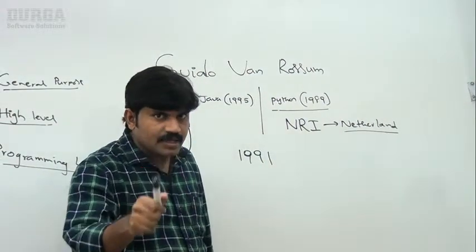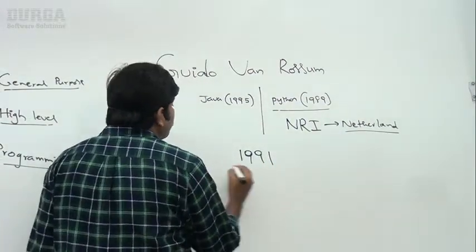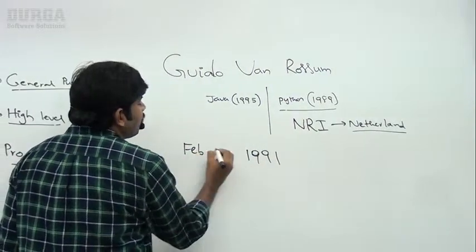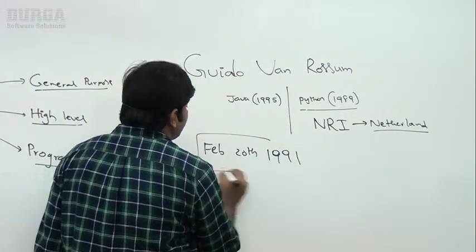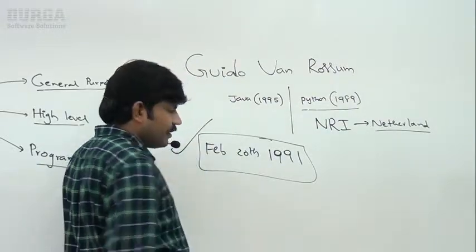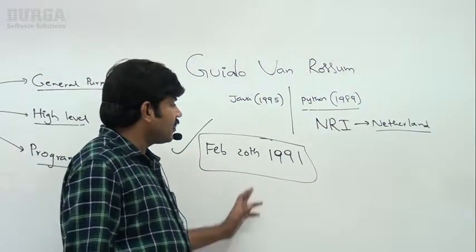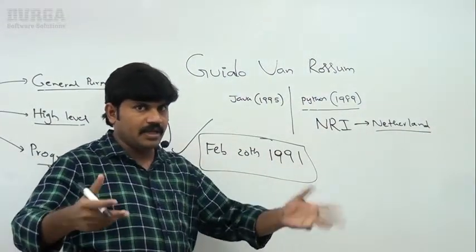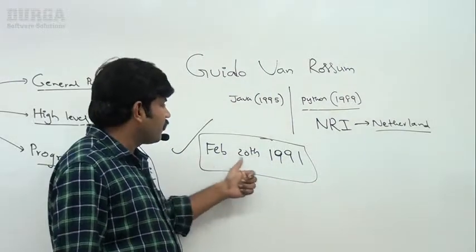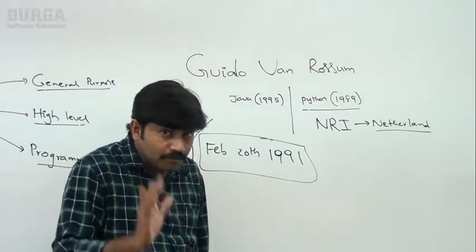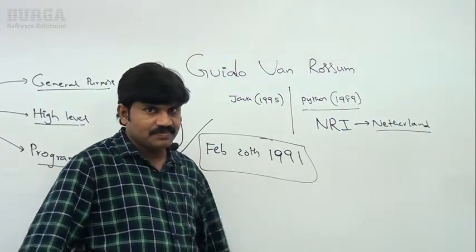The official date of birth for Python is February 20th, 1991, the great day when Python was introduced to the public.